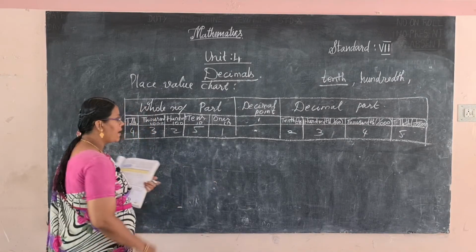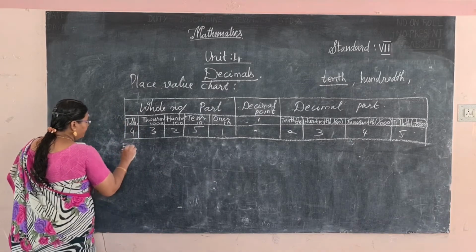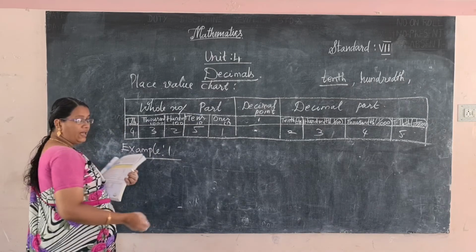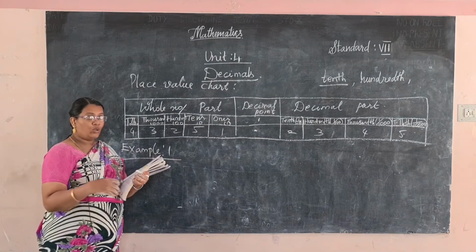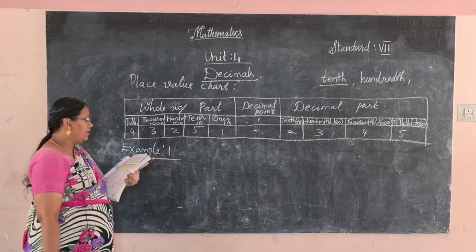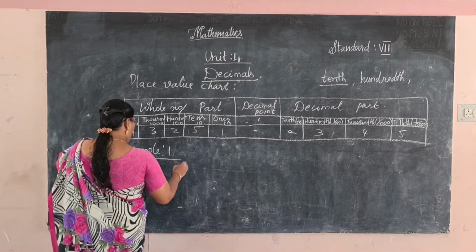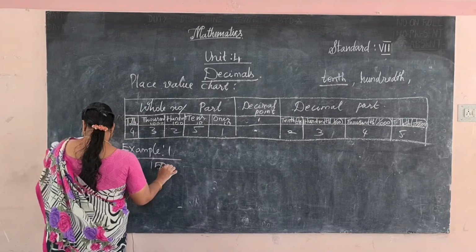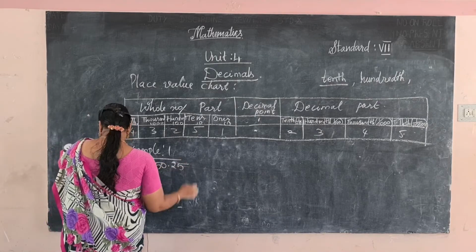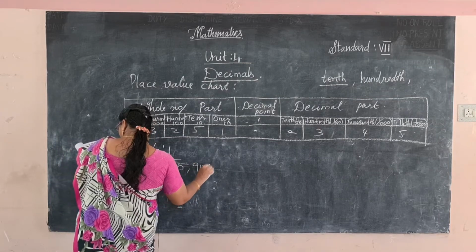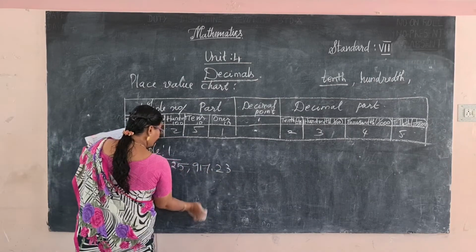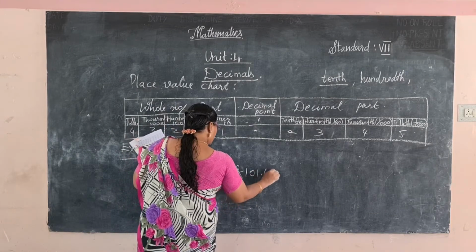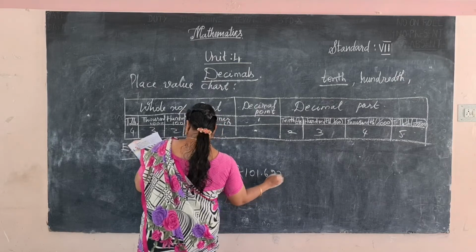Now see example 1. Last year we learned how to add and subtract decimal numbers. Add the following: 150.25, 917.23 and 101.623.